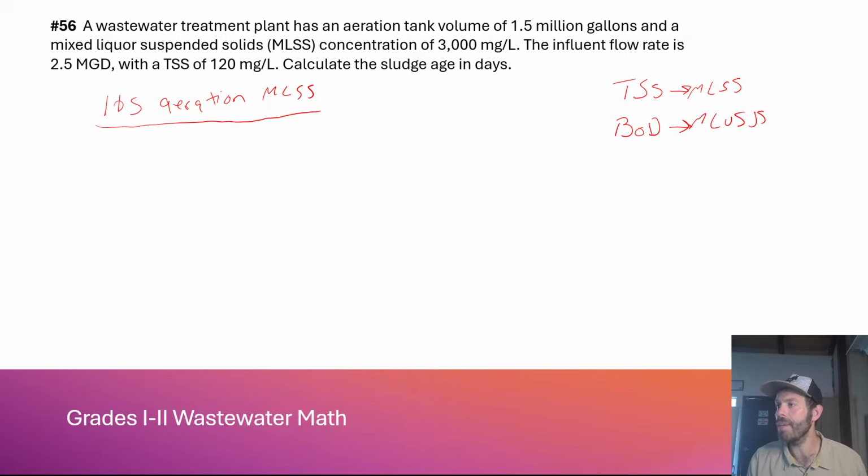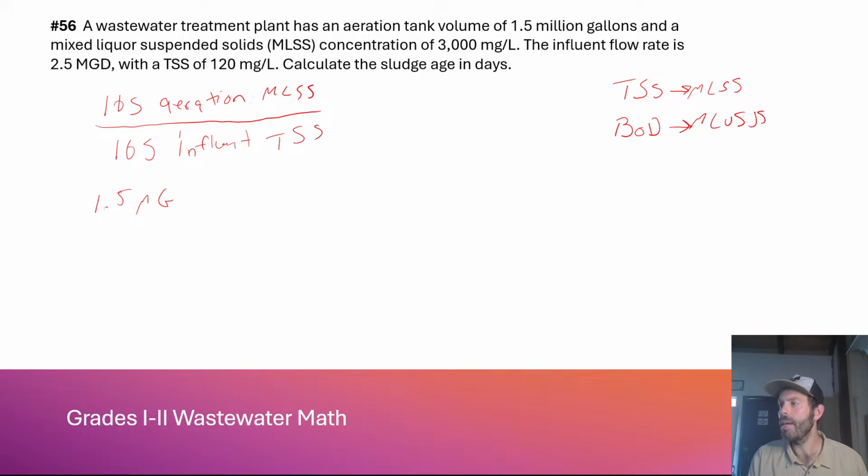So pounds of aeration MLSS divided by pounds of TSS in the influent. So this is going to be 1.5 mg. Where am I getting that?